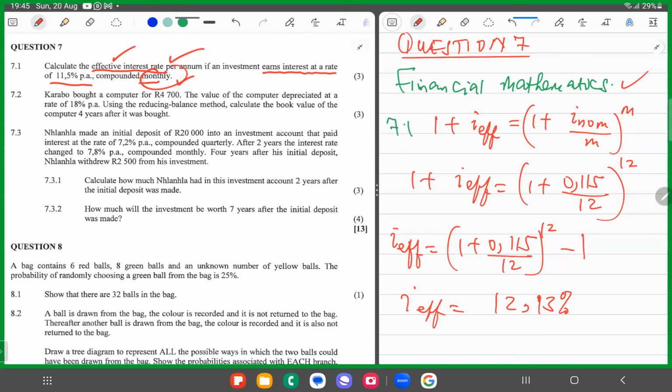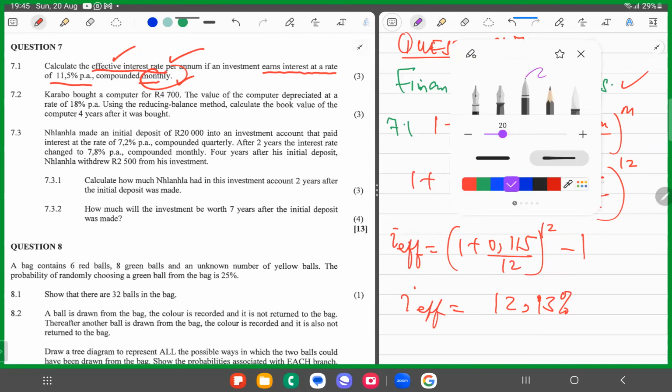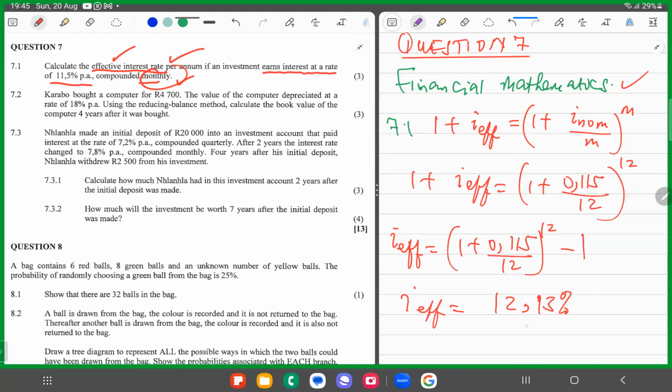And so we are learning financial mathematics now. We are dealing with two rates of interest. One is the effective rate of interest, which is the annual one.